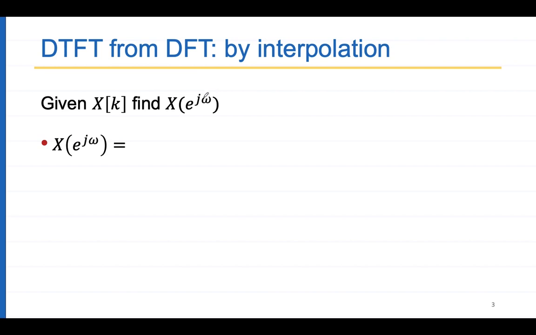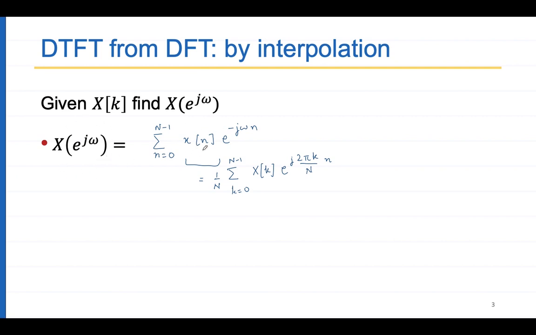Let's see how we can derive this from our standard formulas, and what kind of interpolation is suggested by those formulas. So let's look at capital X(e^{jω}), the continuous thing. You know it is this. Now I do not know x[n]. So I obtain my x[n] from X[k], which I know, right? I know X[k], so I obtain x[n] from X[k] and use it to find X(e^{jω}).